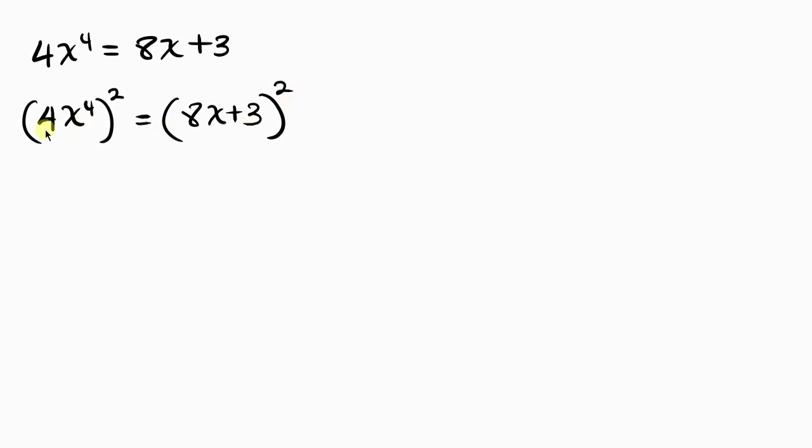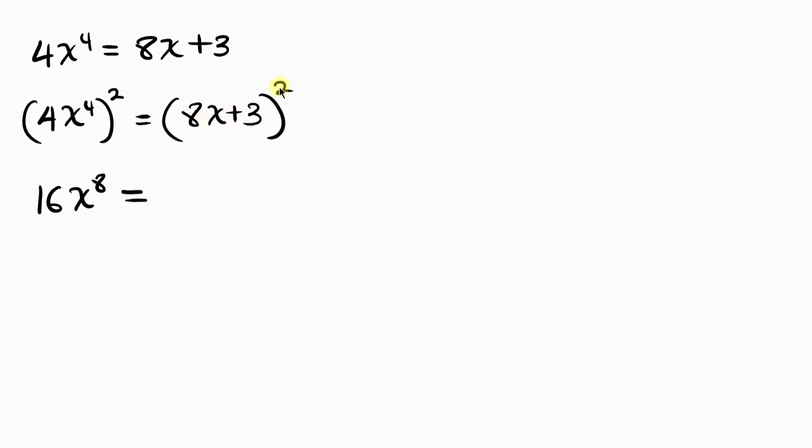So now what is the square of 4x to the fourth? Remember, the power affects this and this. So the square of 4 is 16. And the square of x to the fourth is x to the 8th. This is equal to, now let's expand what we have here.